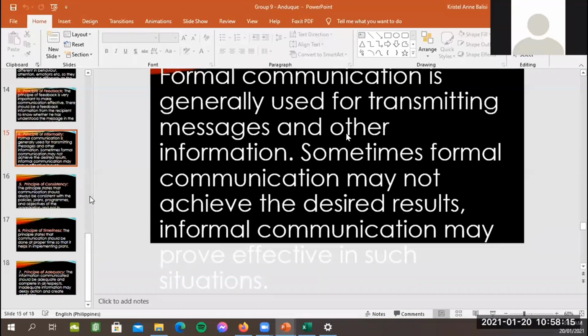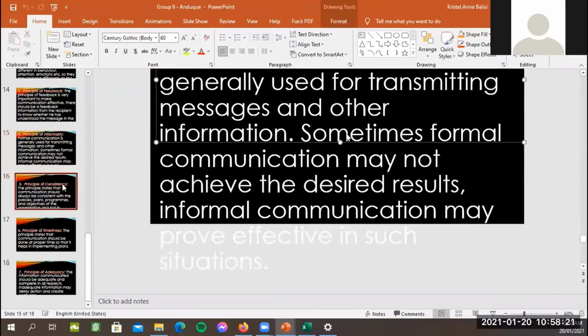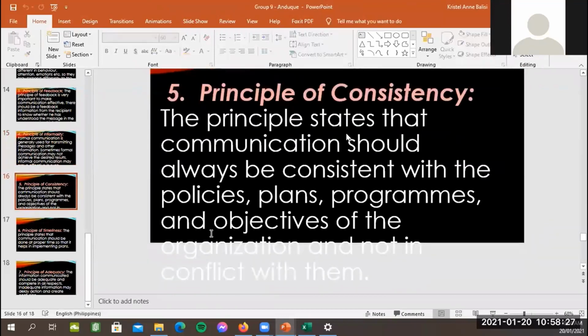Number 5 na po. Principle of consistency.